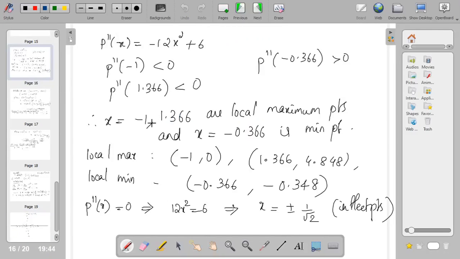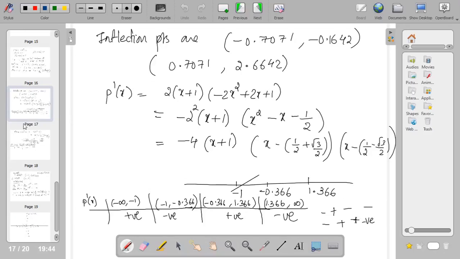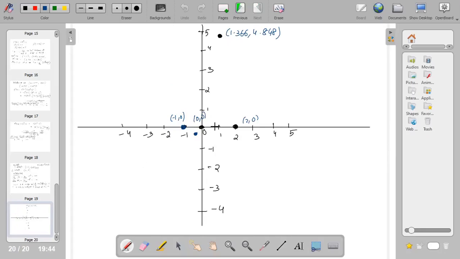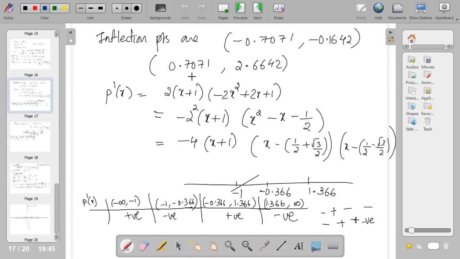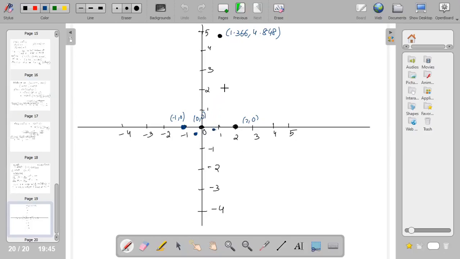Now our inflection points are -0.70 and -0.16, -0.70 and -0.16. So that will be somewhere here, and then you have 0.70 and 2.66.